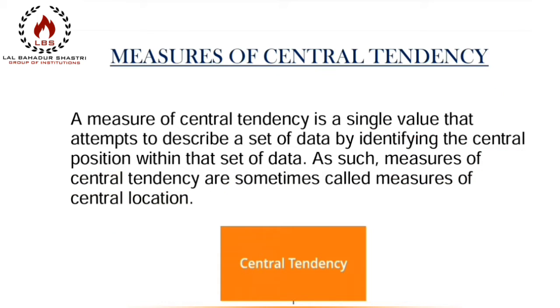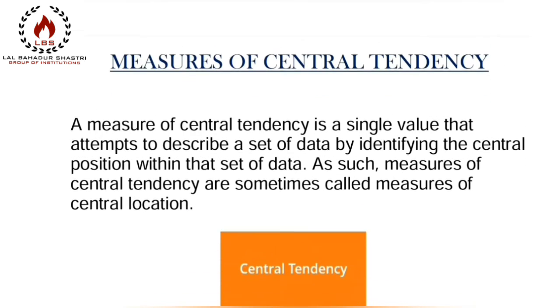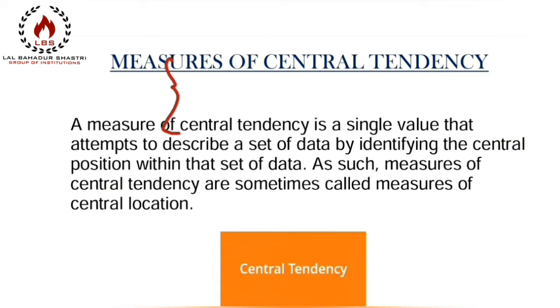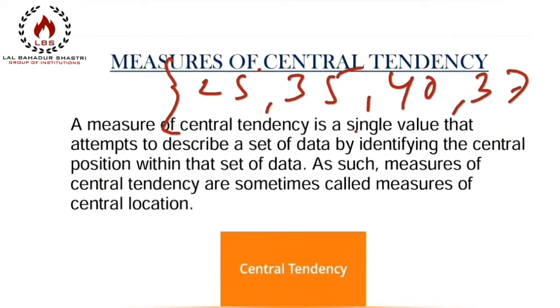Now suppose we have a data set. Let's take an example: suppose you have a data set of 25, 35, 40, 37, 42 and 53. Let us take this as an example of your marks out of 60.